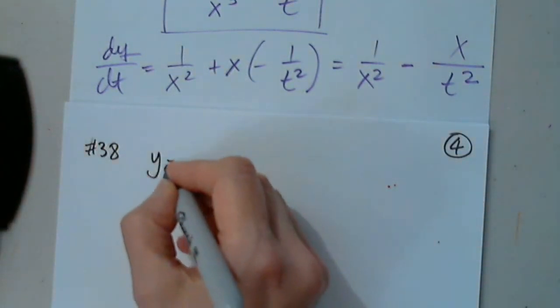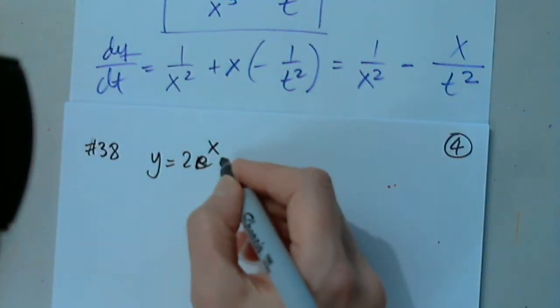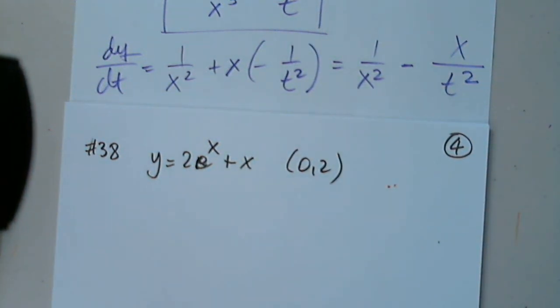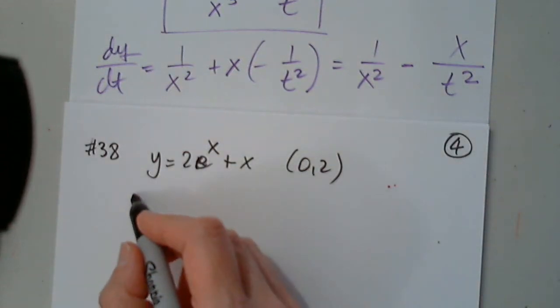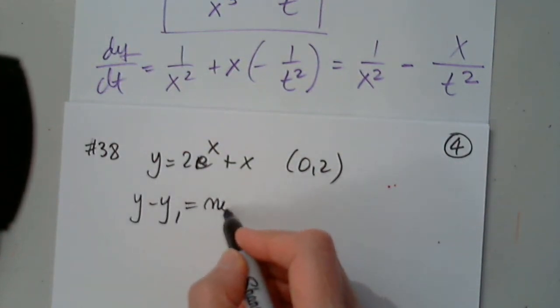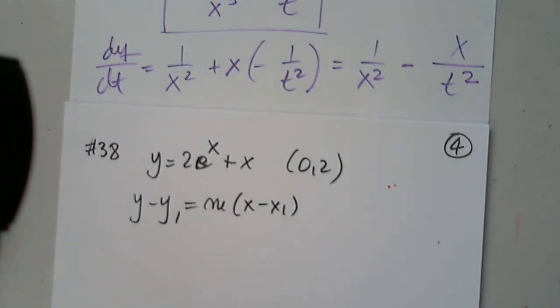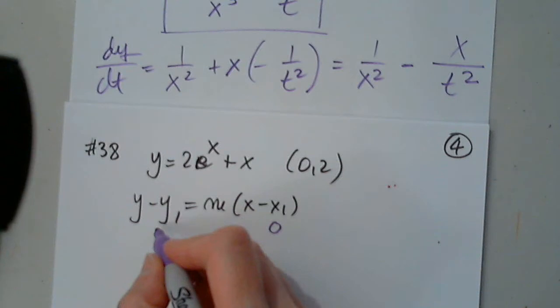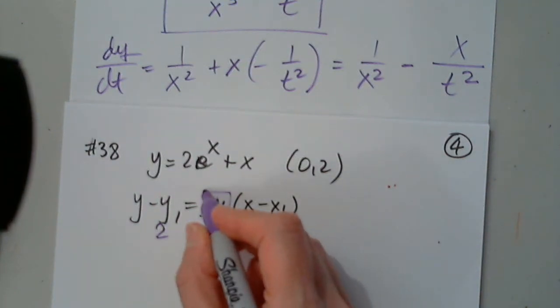In 38 we have y equals 2 e to the x plus x. So they're asking us to find the equation, not just the slope of the tangent line, but also the equation at the given point. So I know y minus y1 equals the slope times x minus x1, where x1 is 0, y1 is 2, but I have to determine the slope.